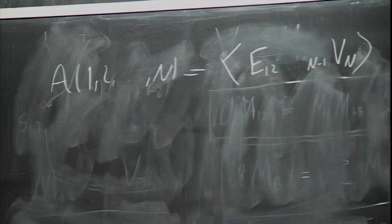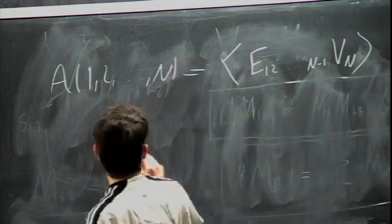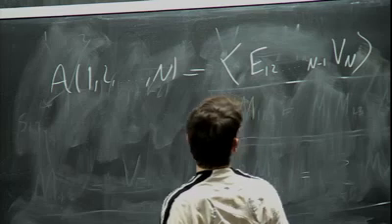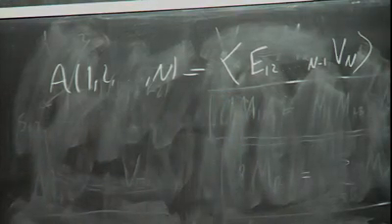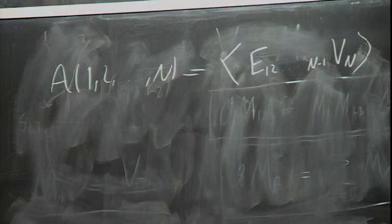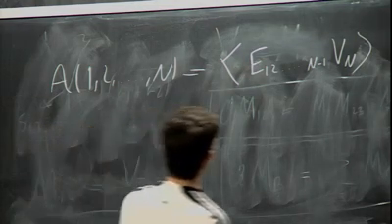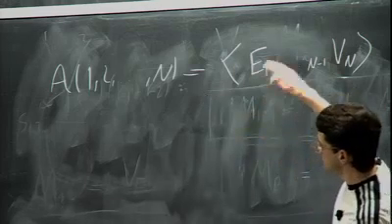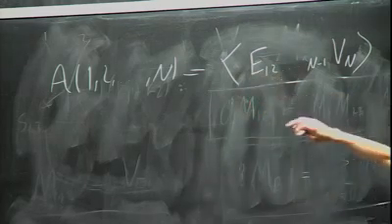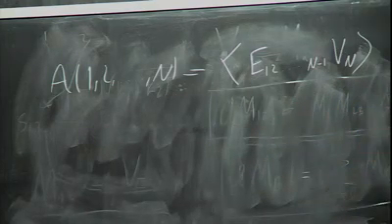And this is BRST closed. I talked about the Catalan numbers, right? And it's a known fact that the number of kinematic poles in a tree-level amplitude is related to the Catalan numbers.